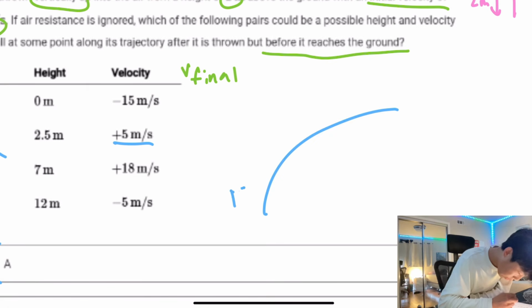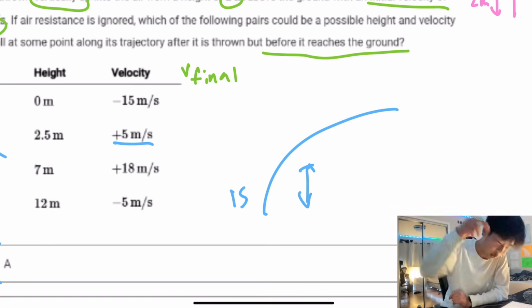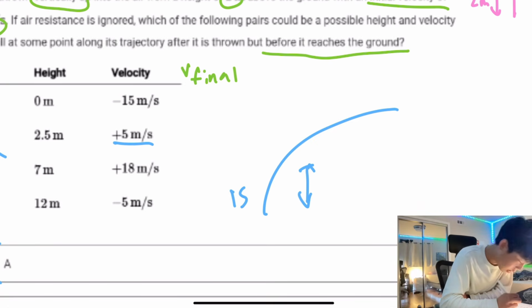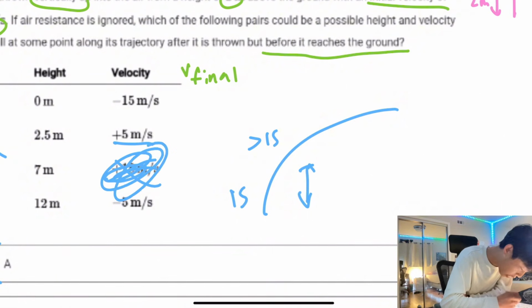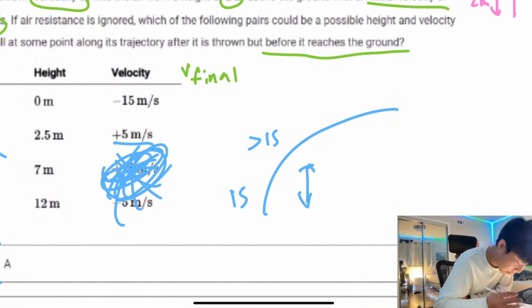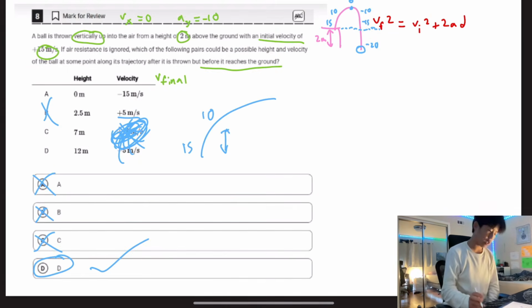So if it starts off at 15 and then you move up 2 meters, gravity is going to move downwards on it. So it's going to be less than 15. It's not going to be more than 15. So it cannot be 18. In no world is it going to be 18. It's always going to be like maybe let's just say 12 or maybe like 10. Okay, so that's why D is right.